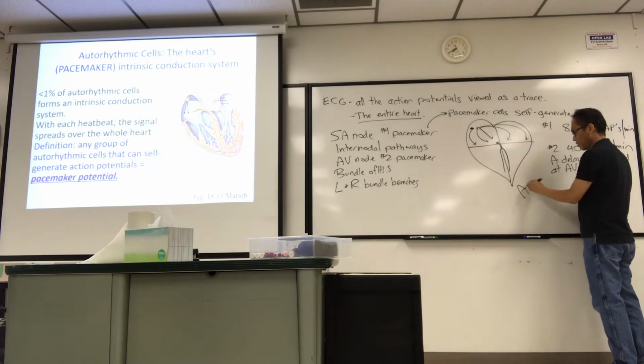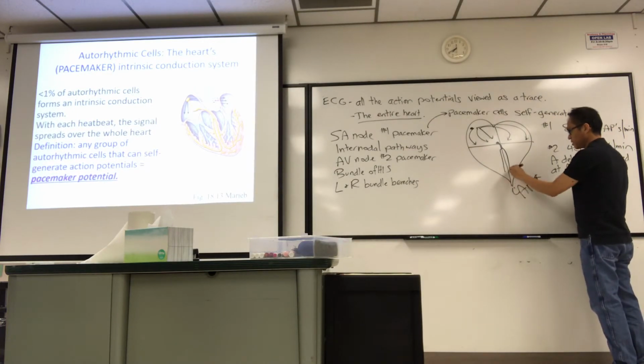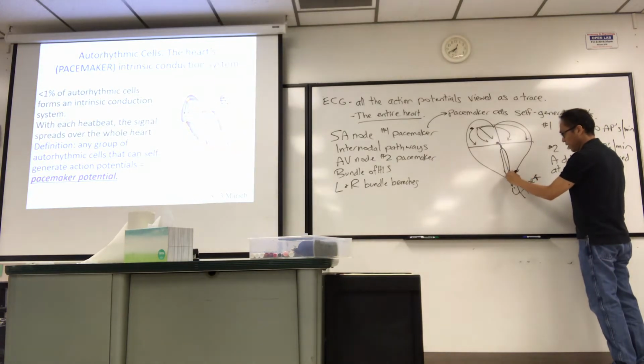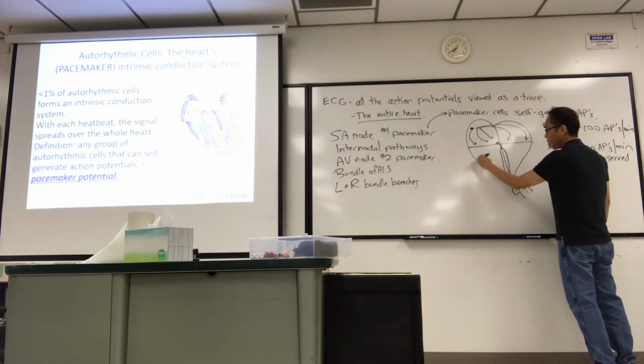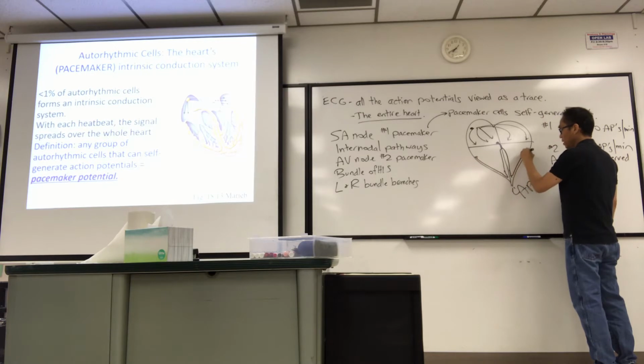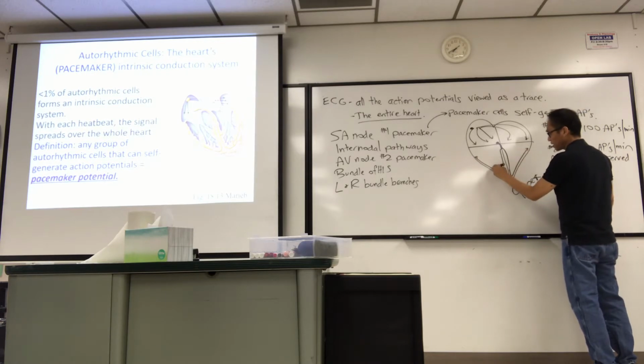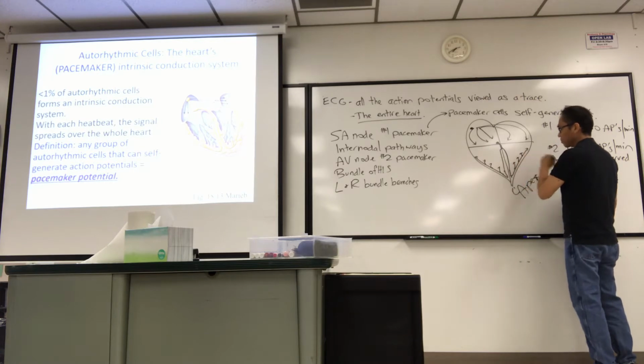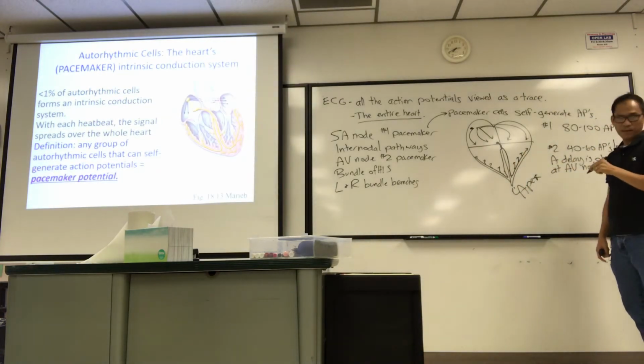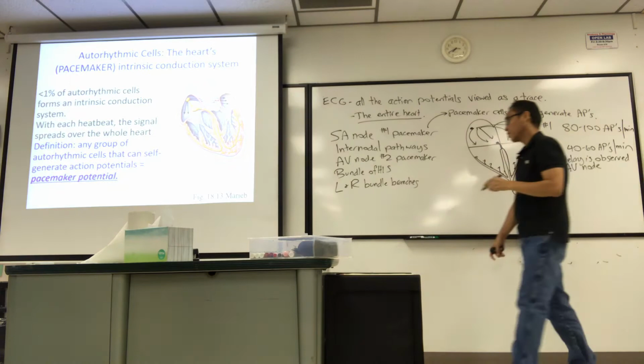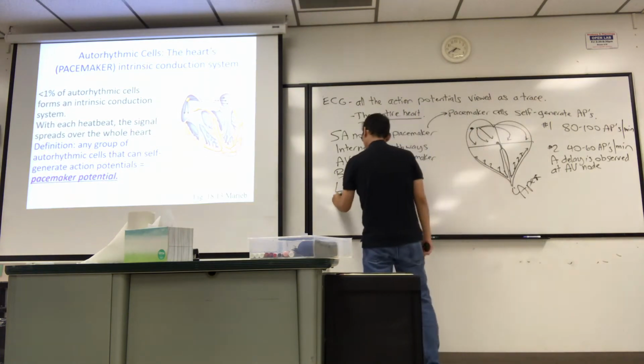Remember, the apex of the heart is the tip of the ventricle. Once the signal reaches the tip of the heart, the apex, it can go up the sides of the wall. And as it goes up to the sides of the wall, it gives off all of these fibers, which are modified muscle fibers called the Purkinje fibers. I said those are the ones you can identify for extra credit.